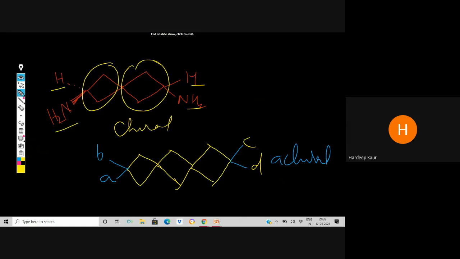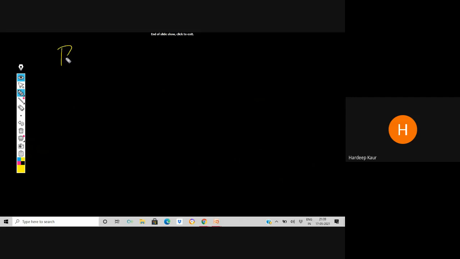Now let us take another class of compounds which are known as biphenyls. So these biphenyls also exhibit stereoisomerism. So before discussing this, let us define one term which is known as atropisomers.